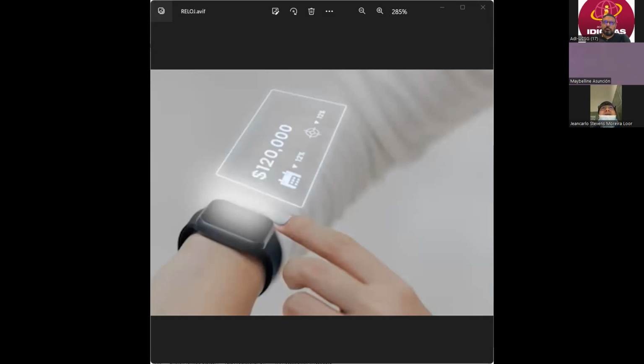The watch changes the color of the screen depending on the weather.